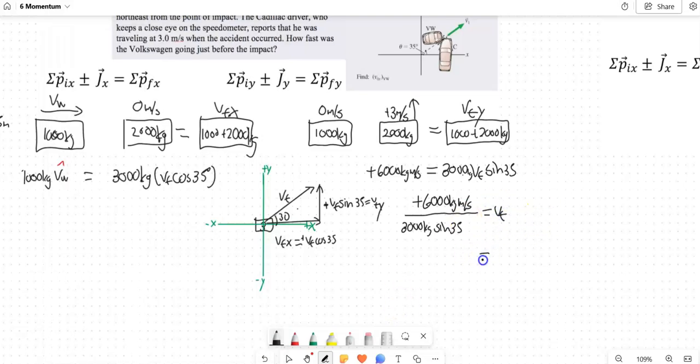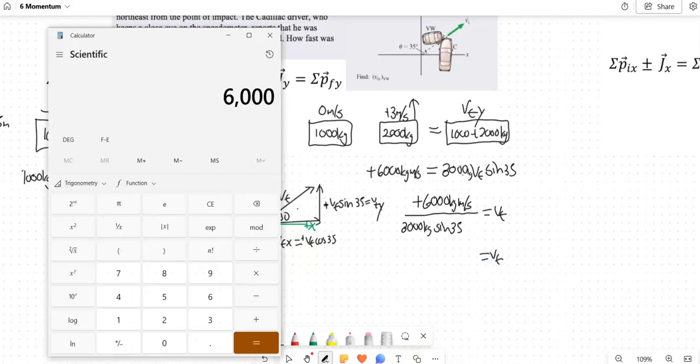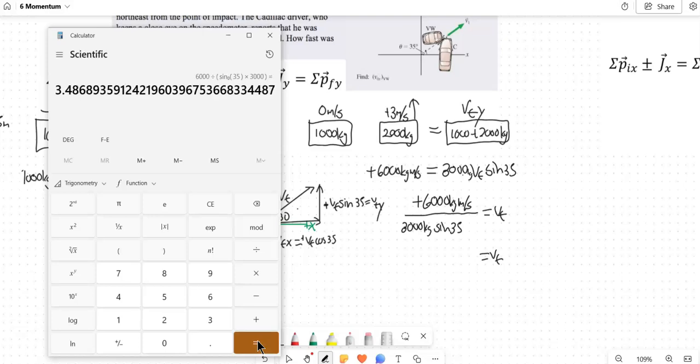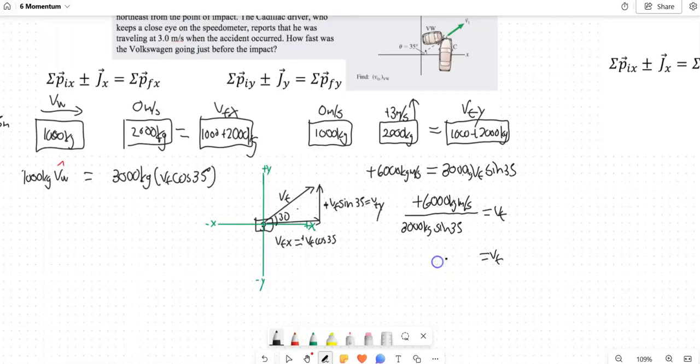So v final is equal to 6,000 divided by, I'm going to do the 35 sine function, multiply that by 3,000 in parentheses, equals 3.49 meters per second.